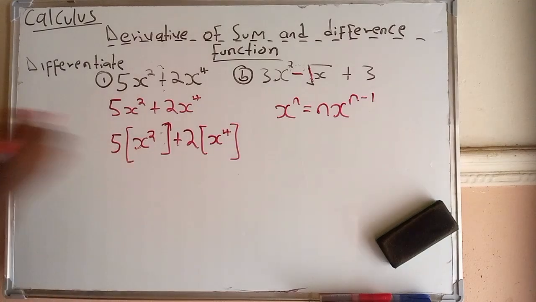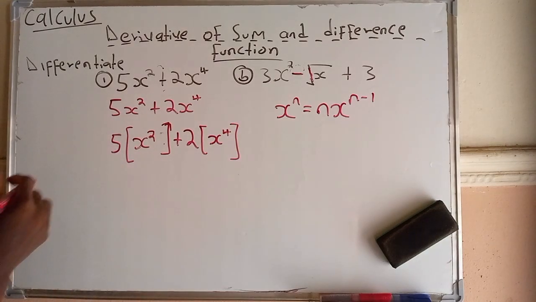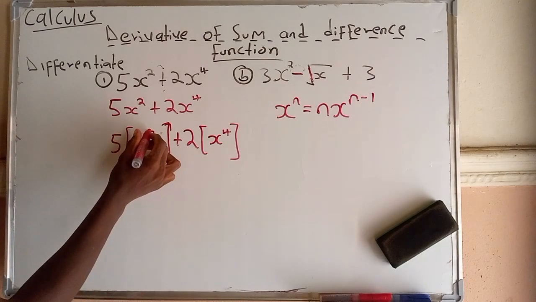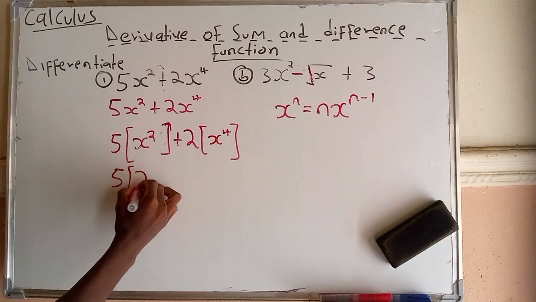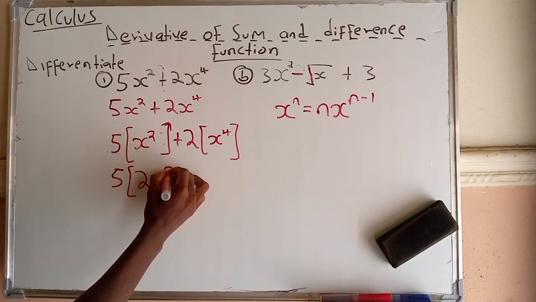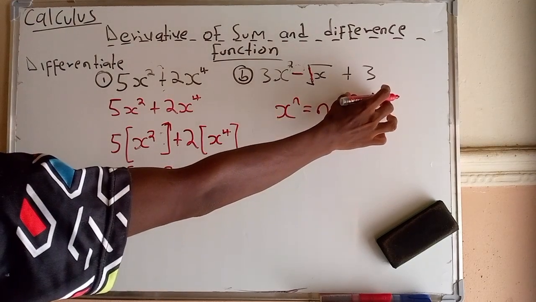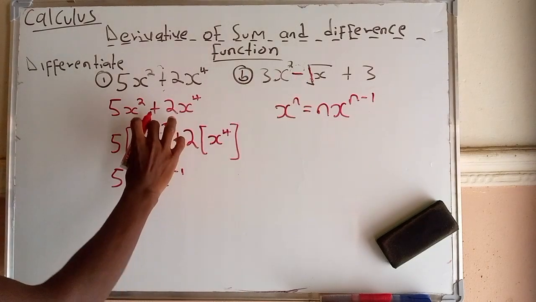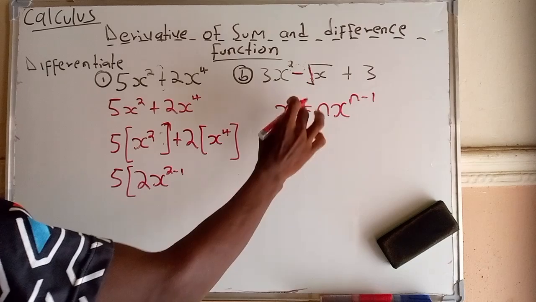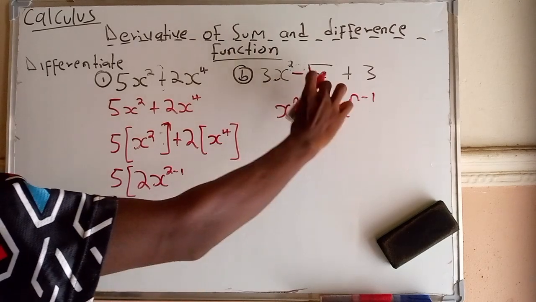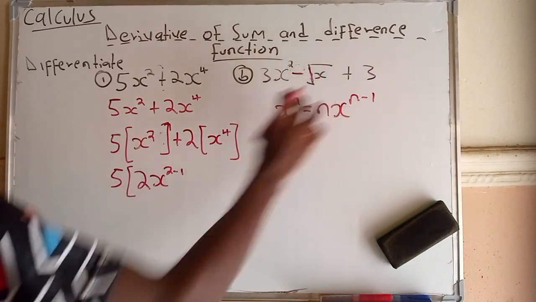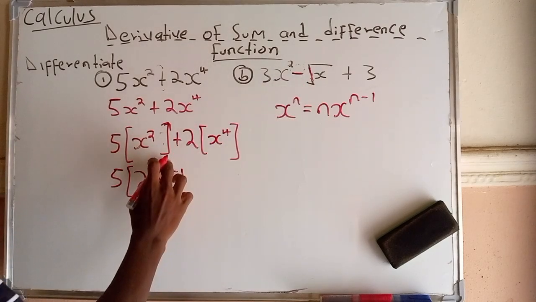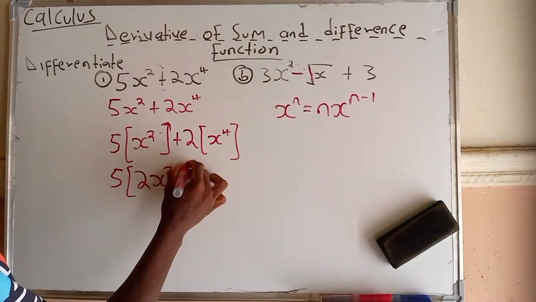So how can we proceed? Next we apply the power rule. The power should come down, so we have 2x to the 2 minus 1, subtracting 1 from the power. As you can see, this is x power n, and this is x squared, so n is the power and we subtract 1.